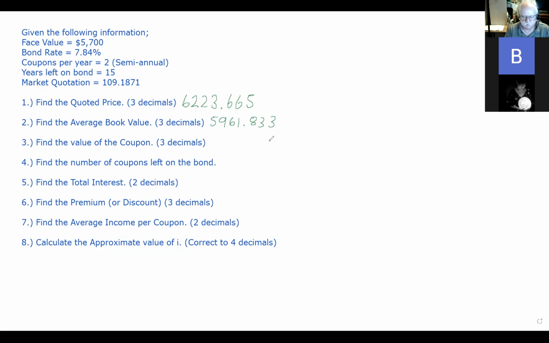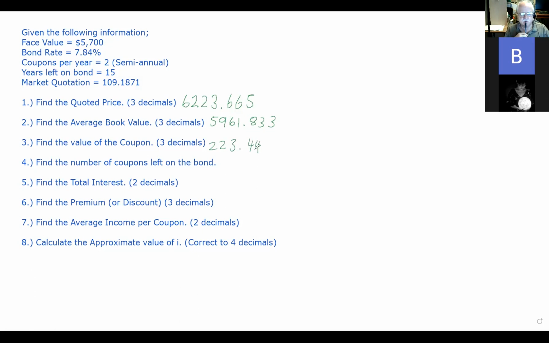And remember that the coupon rate has to be divided by 2 because it's semi-annual. 223.44 looks perfect.